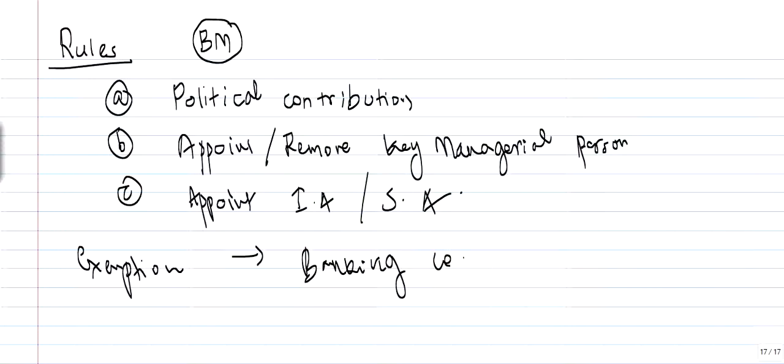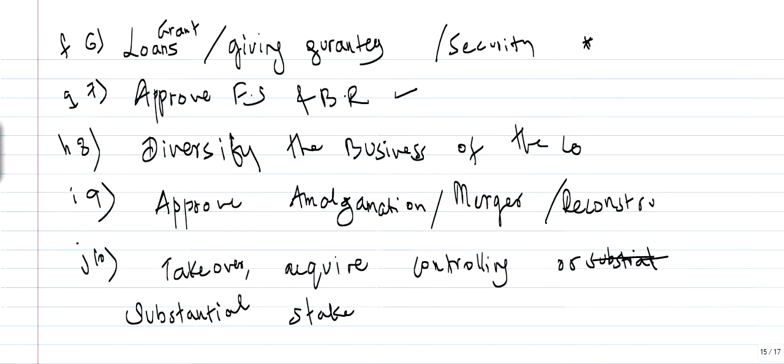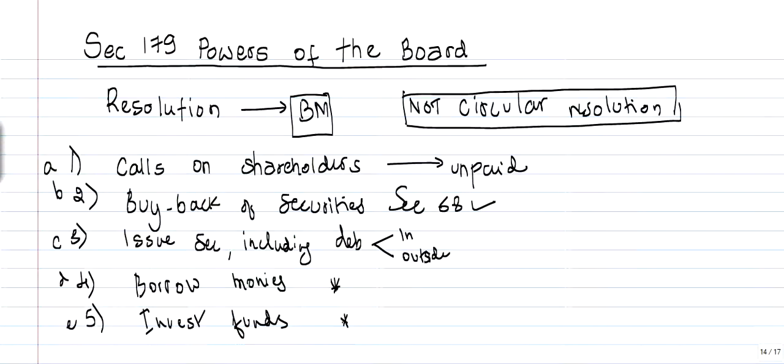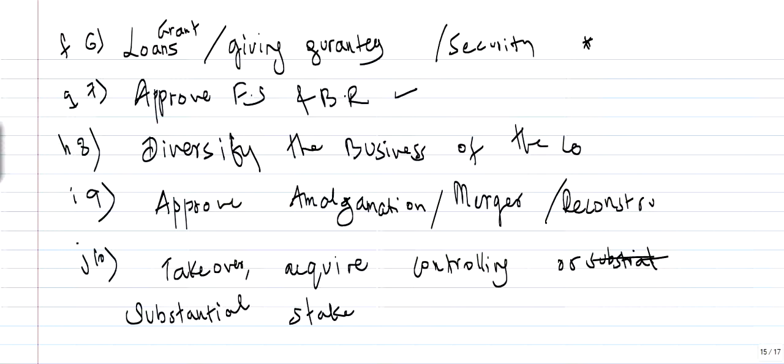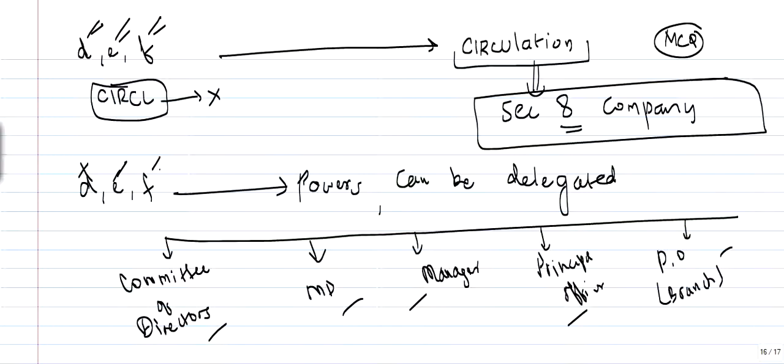So these are the powers of the board. We saw first what the powers are: A, B, C, D, E, F, G, H, I, J. Then circulation can be done for the Section 8 company for D, E, F, that is borrowing, investment and granting of loans, and the powers can be delegated in the case of D, E, F, to committee of directors, MD, manager, principal officer in the case of branch.